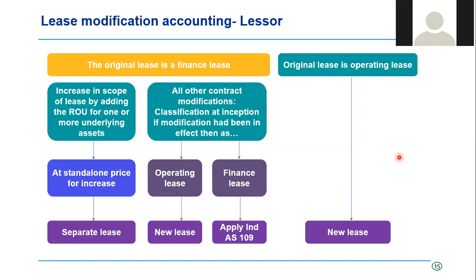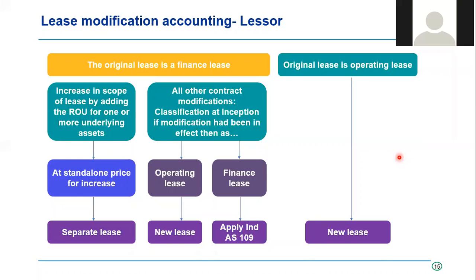So if you had a lease equalization reserve of 5,000 that was outstanding in the books on the date of the modification, and the summation of future lease rentals was 50,000, on a straight line basis, you would recognize 50,000 less 5,000. So you would only straight line 45,000 over the remaining lease term. And that's how the accounting for an operating lease happens for a lessor where there is a modification.